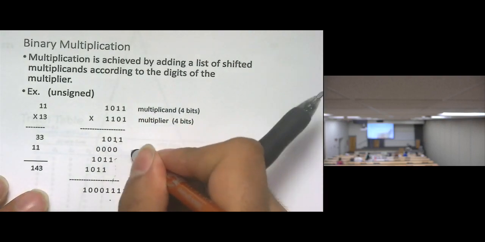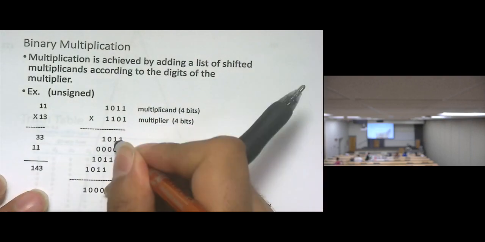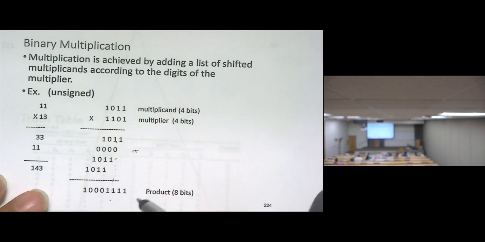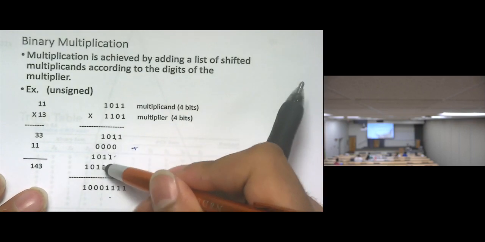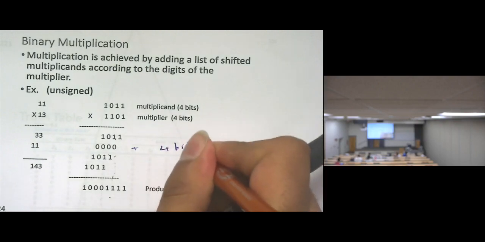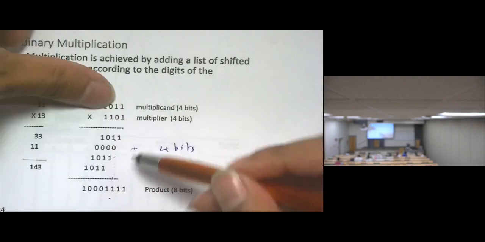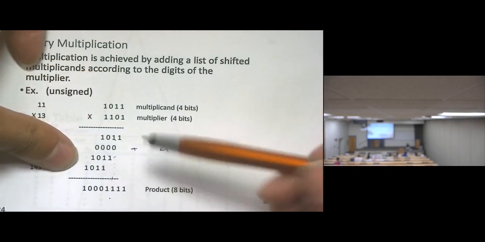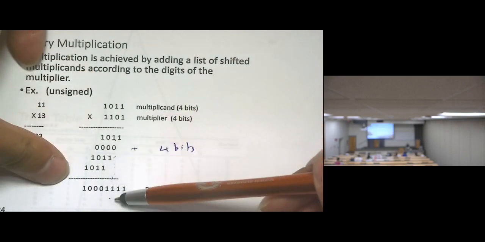We end up having addition. Here is 1, so we have 1, 2, 3, 4. We are adding 4 bits at the end. This multiplication becomes addition. I converted the multiplication to addition, right?